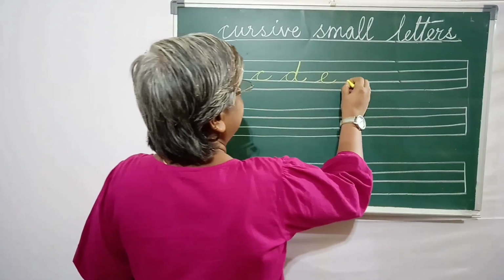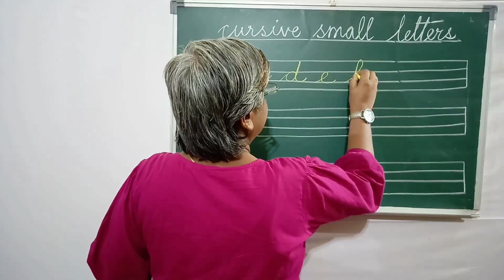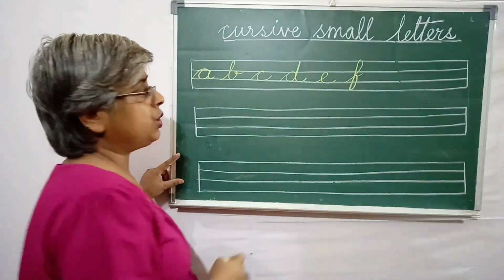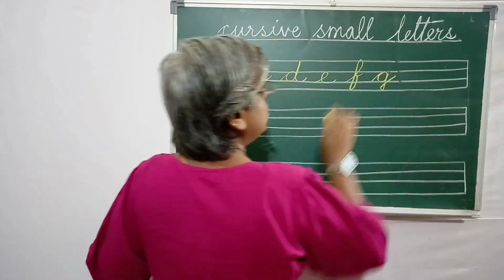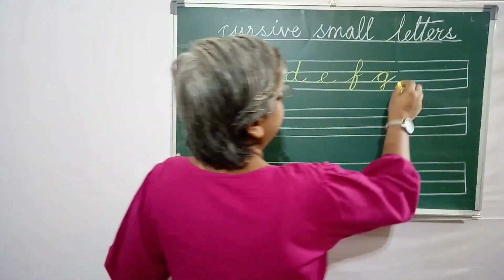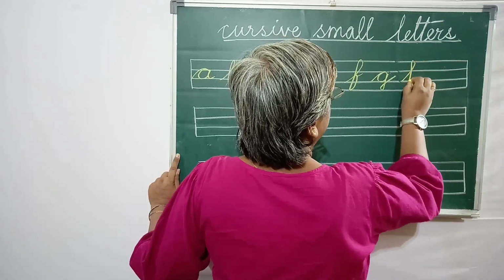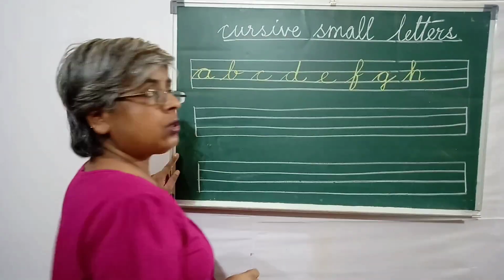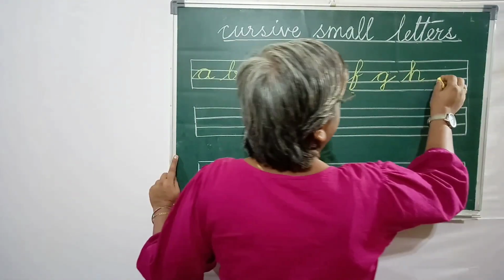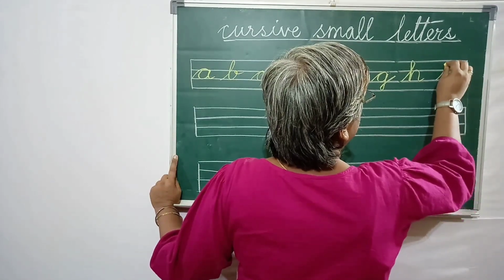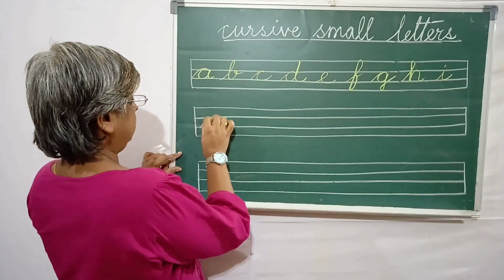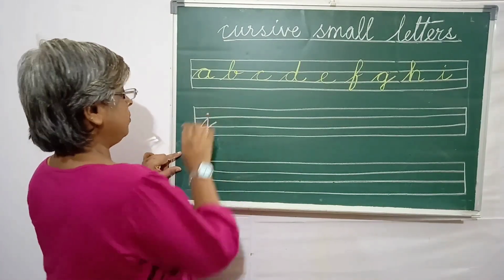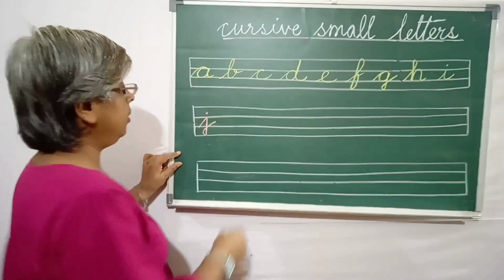Egg. F, furniture. G, gate. H, house. I, ink pot. J, jackal.